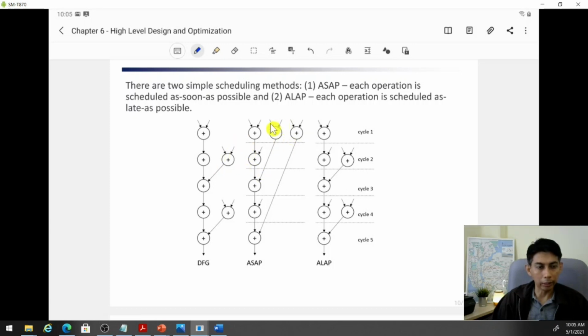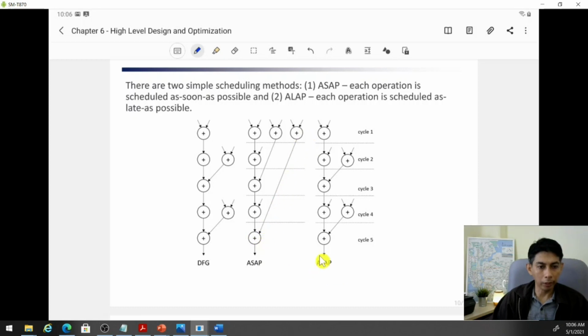So you can have this operation as soon as possible here at the first clock cycle, cycle number 1. Also this one, we can have this operation as soon as possible. So here as soon as possible means that in cycle 1 we have this operation done already, and when we want to use the data, we just read from this.